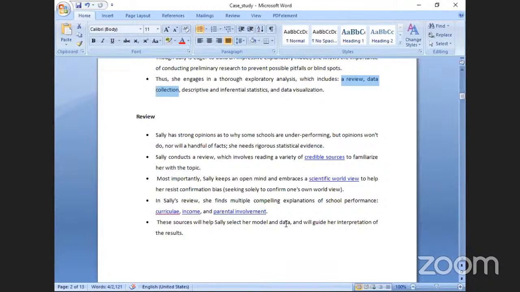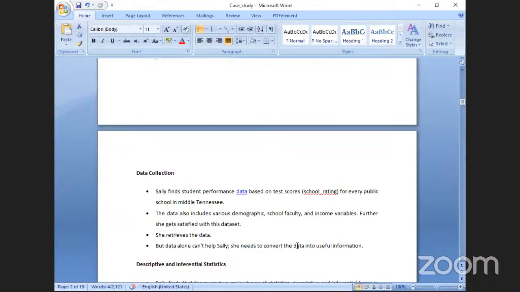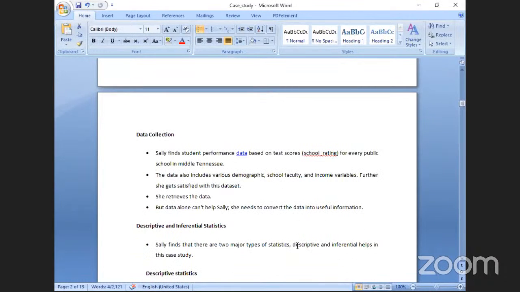All these considerations were taken into the discussion during that review, and further she started data collection. Like I said, I can show you the data that she has generated.